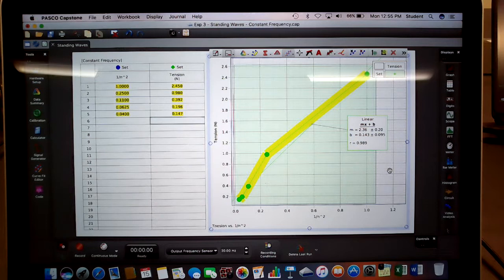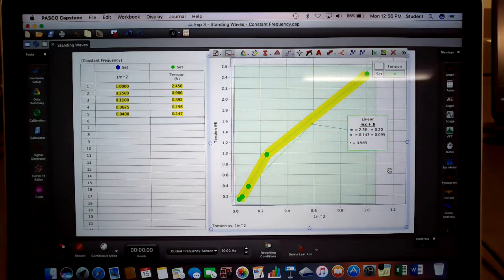Again, I would probably say that the n equals 2 point was the one that was sort of off. The others are pretty close to a straight line, but part of the problems that we have here are we can actually get different resonances that'll shift things a little bit.